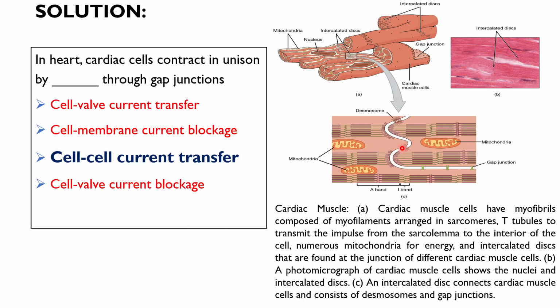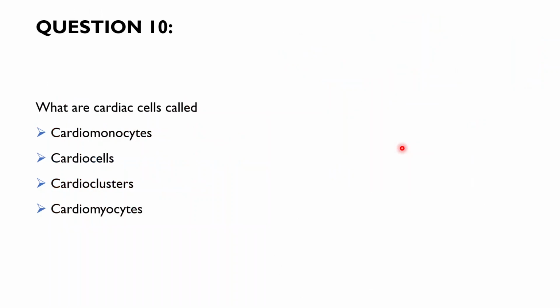So now we will move on to the last question. What are cardiac cells called? As I have already discussed in the previous question, we have four options here: cardiomonocyte, cardiocells, cardioclusters, or cardiomyocytes. Let's see what the right option is.